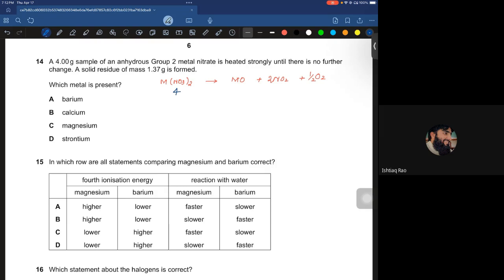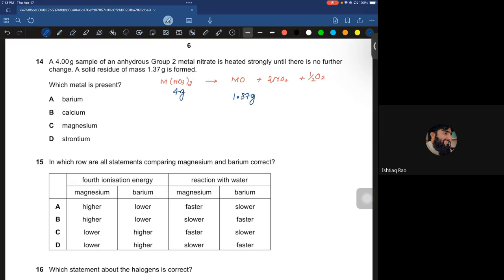A solid residue of mass, solid residue is this. This is 4 grams and this is 1.37 grams. And they are saying which metal is present.